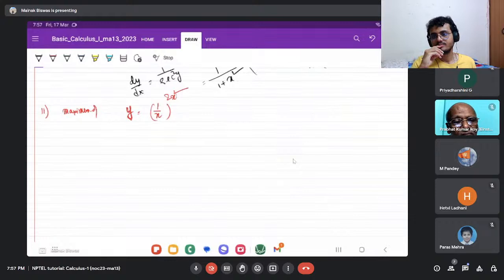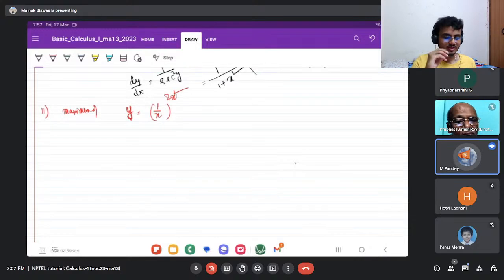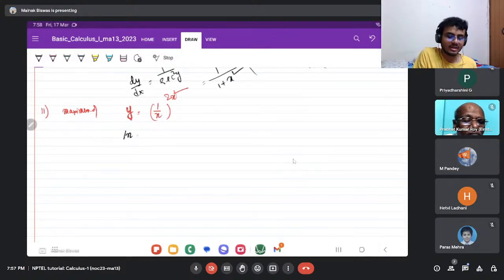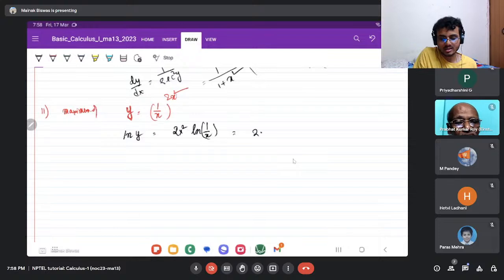Go ahead. Take log on both sides. Okay. So whenever you have exponents like this in x, try to take a log on both sides. You get 2x square log of 1 over x, which is minus 2x square log x, right?